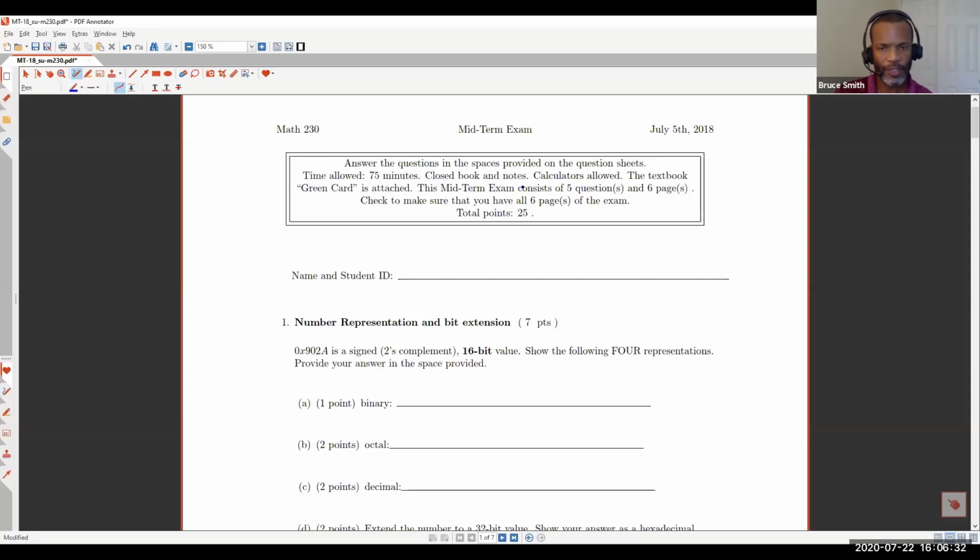Usually, in a face-to-face environment, 75 minutes is more than enough time. Some might finish it in 45 to 50 minutes. So it's not a long midterm typically, but the circumstances are a little different here. You'll have more time to work on it, but there's still some learning going on in the process. Because we're seeing some of this stuff at such a fast pace, the additional time should benefit you.